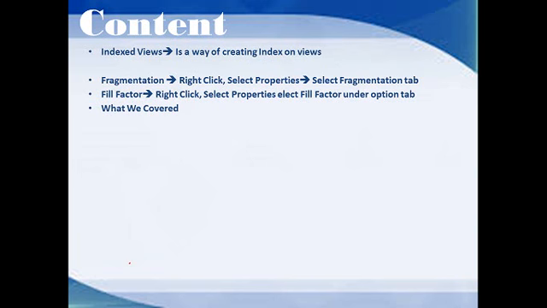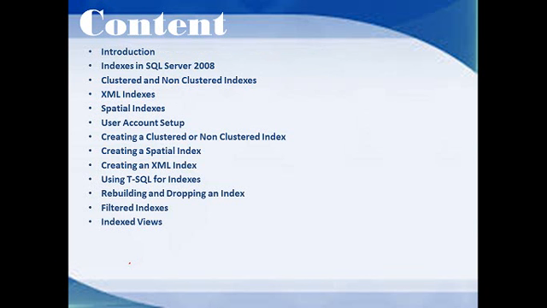It's possible to create indexes on a view. The same thing, you have to specify the name of the view instead of the name of the table, because a view is a representation of a table, but it doesn't have data. As I said earlier, if there is any fragmentation, we have to rebuild the index so as to avoid fragmentation.